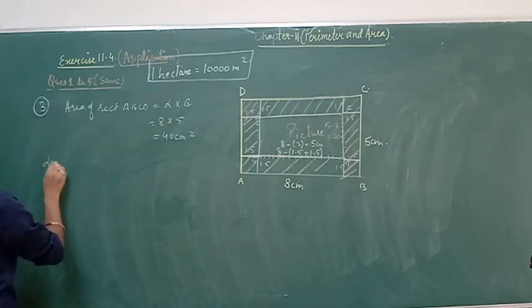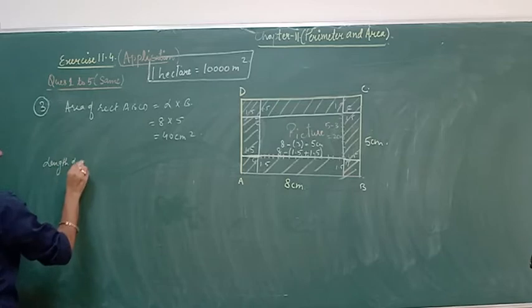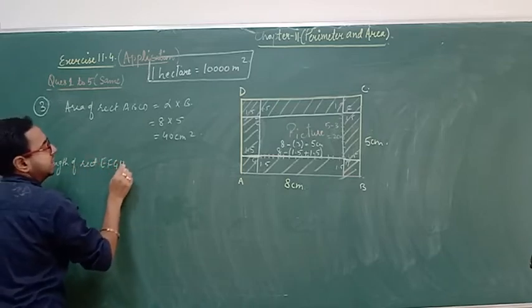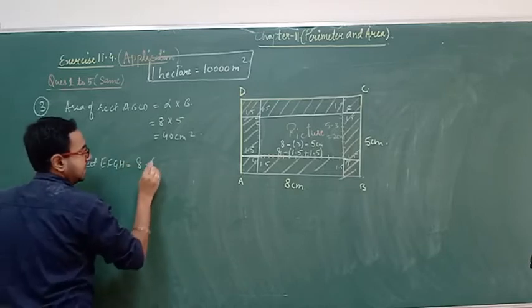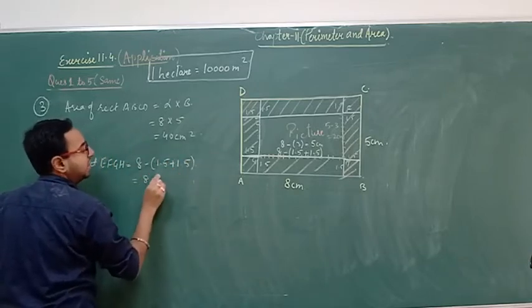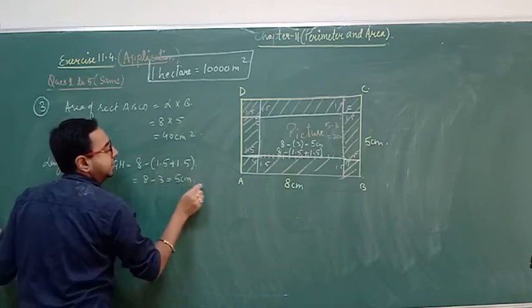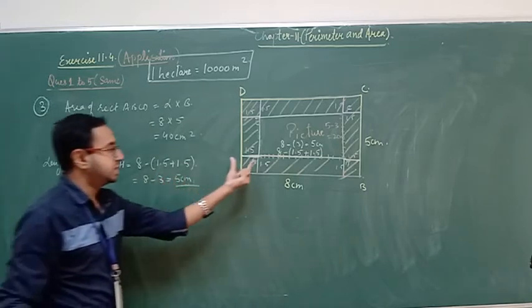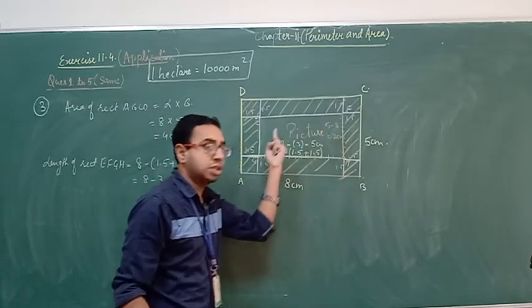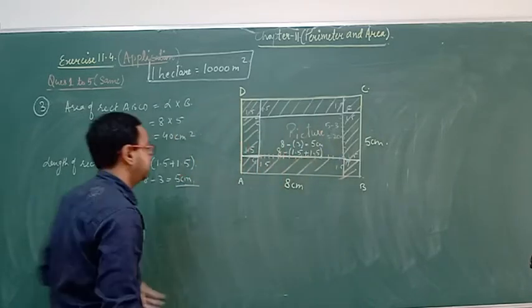So length of rectangle EFGH is equal to what? 8 minus 1.5 plus 1.5, that is 8 minus 3, that is 5 centimeter. Because the margin is already part of 8. So we have to find the area of picture covered, then we'll subtract.